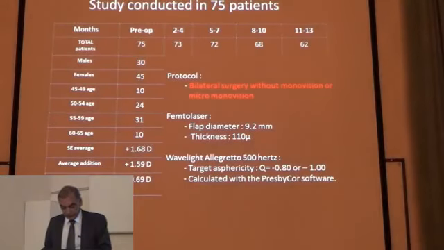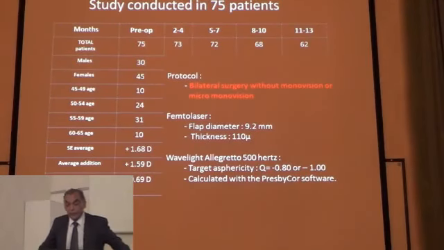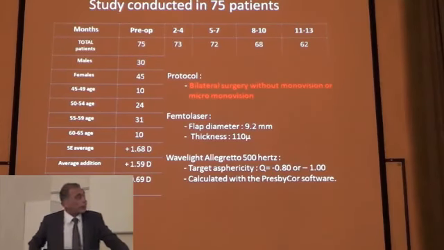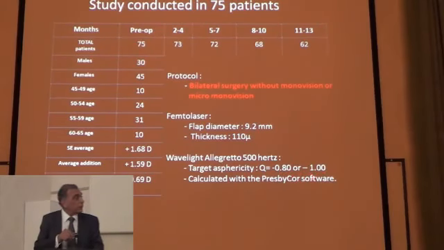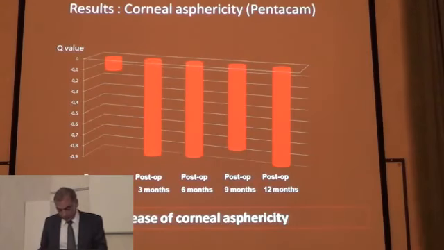in the laser. So the study conducted in 75 patients, I remind you, is bilateral surgery without monovision or micromonovision, very little micromonovision. Wavelight Allegretto 500, target asphericity is -0.8 or -1, and calculated with the PresbyCor software.